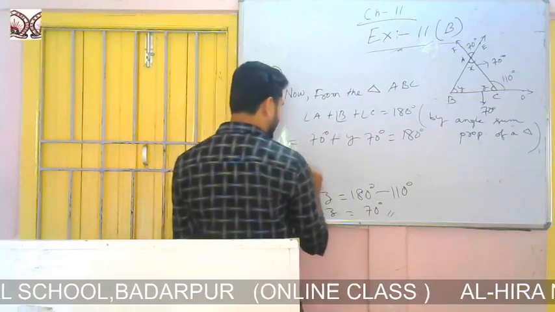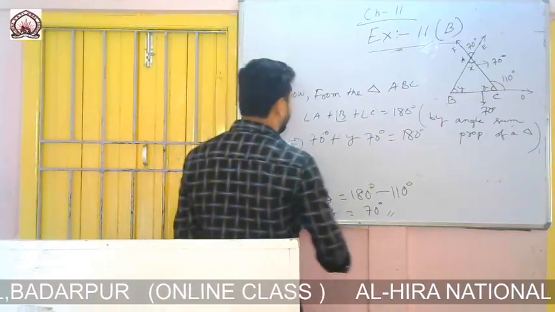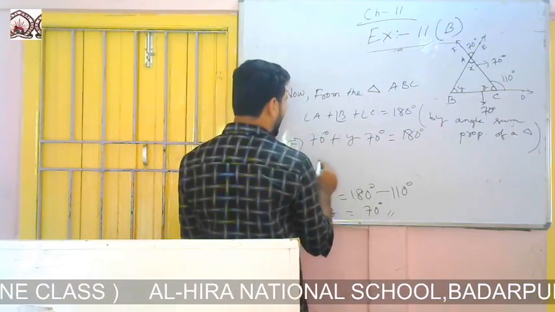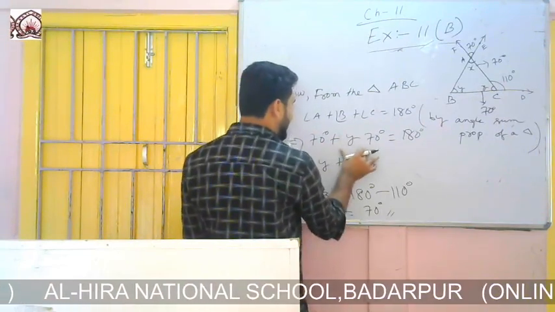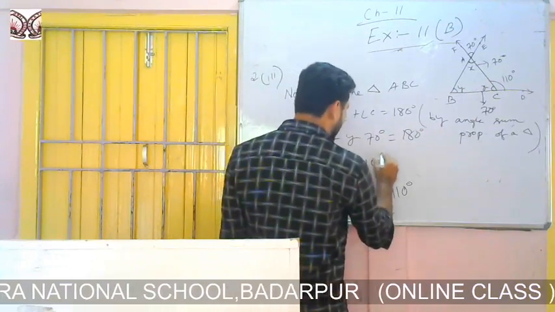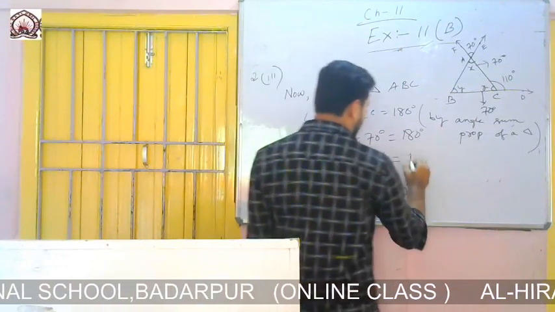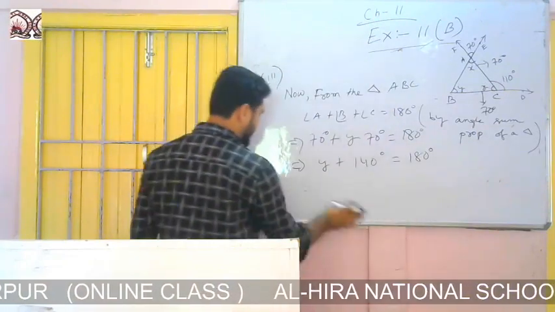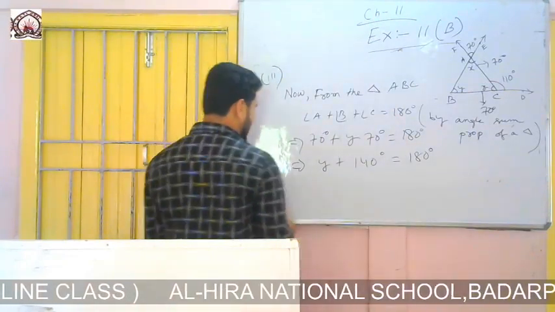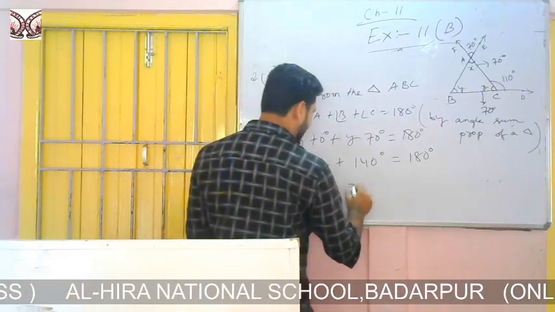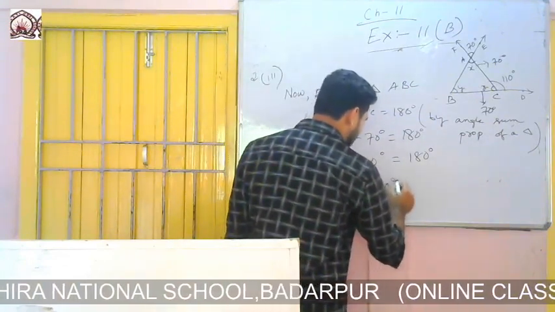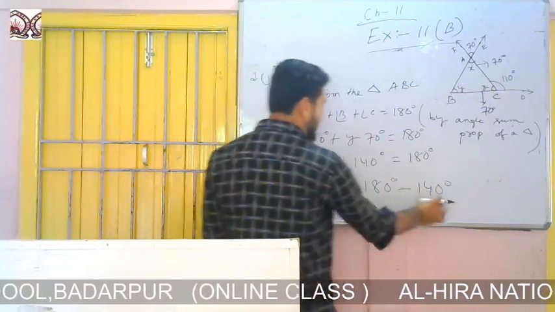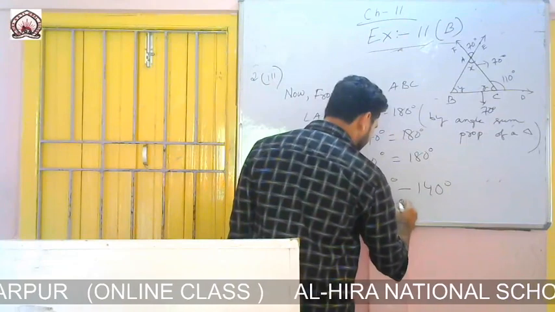Okay, so write Y plus, if I add then I will get 140 degree. Then if I subtract I will get the answer. 180 degree minus 140 degree, directly 40 degree.